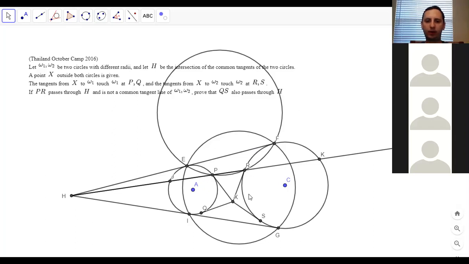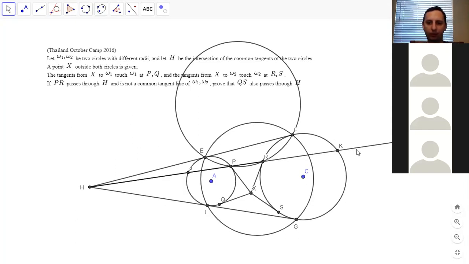Actually, I don't even know if we need to use that this is cyclic because we will use the cyclicity after proving X is the center for the radical axis. Okay. So yeah, basically for the radical axis theorem. Okay. So I'm going to start typing it up, but yeah, that looks like the solution.